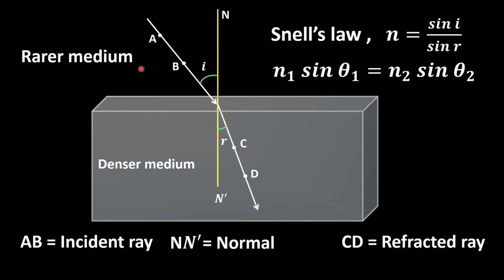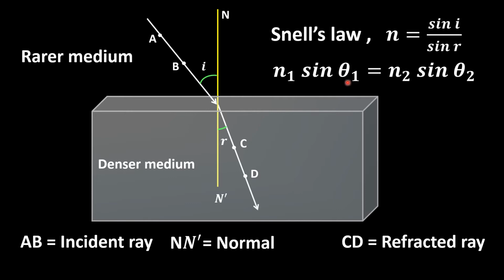So here you can observe very carefully, n1 is the first medium in this case. So air, here the refractive index of air is less than the refractive index of glass. That is, in this case n1 is less. When n1 is less, here theta 1 is more.